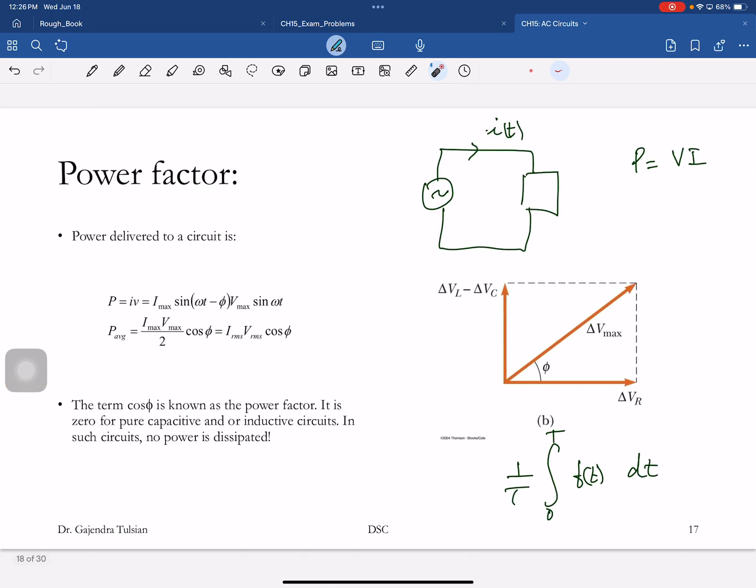And at that frequency, maximum power is delivered to the city. What is the frequency you are getting from the wall? 60 hertz. So at that frequency, if this is your circuit, you want XL minus XC to be 0.